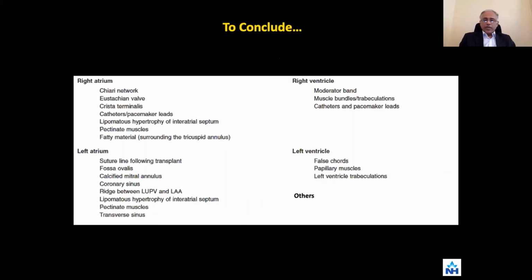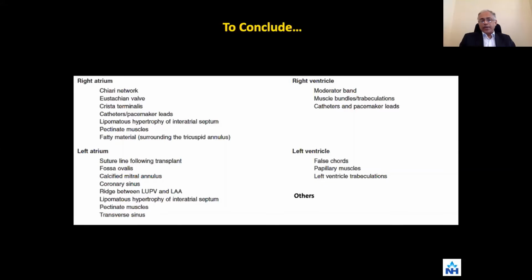So coming to the last slide, this is how you should be looking at it. You have these normal variants. You can see them on a routine basis. So when you do see them, go chamber by chamber, and in each chamber you have your own mental list of the usual variant structures which you see, and then you mentally tick them off, or exclude or include them.